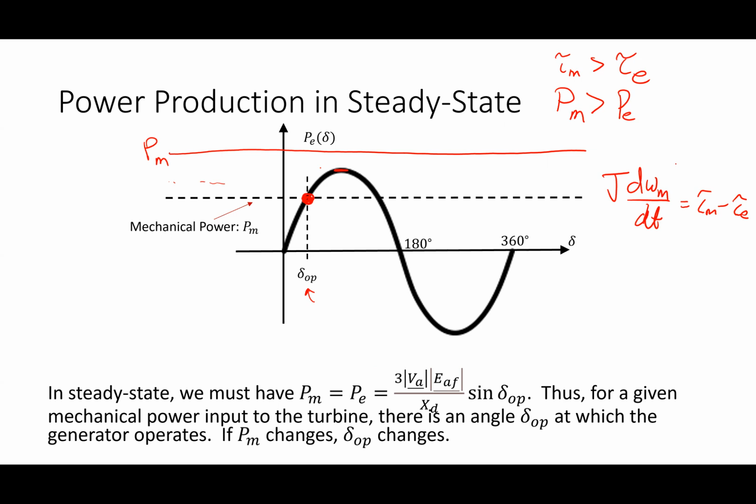And it's got no way to stop increasing, all right? Not only that, what's worse is as omega m increases, delta is also changing. So it's going to go through these kind of wild motions of producing more power than absorbing it, and then absorbing more than producing it. It's going to be wild, okay? It's going to be pretty destructive.